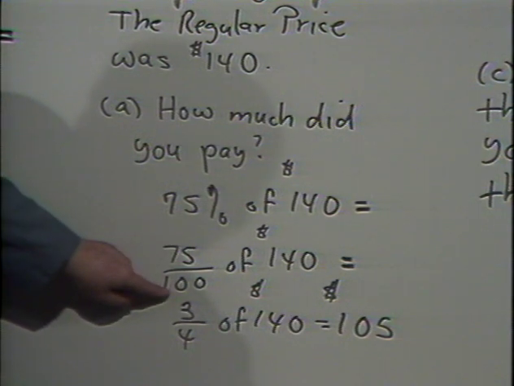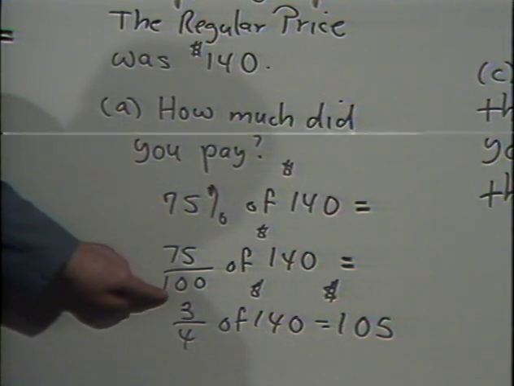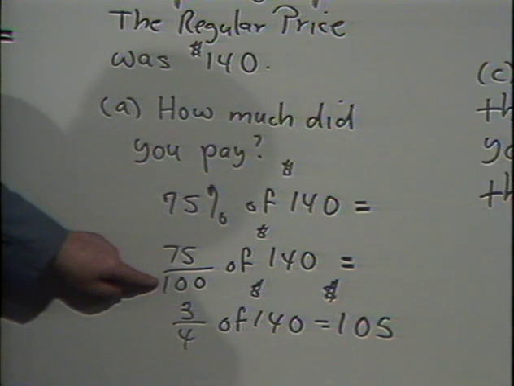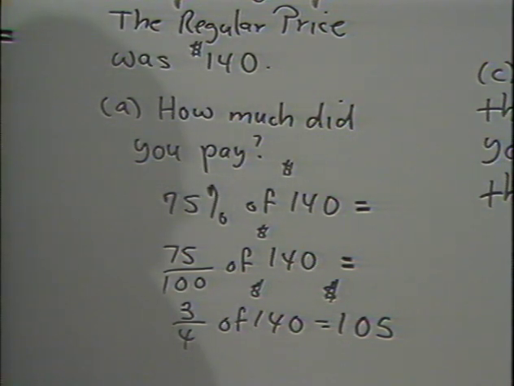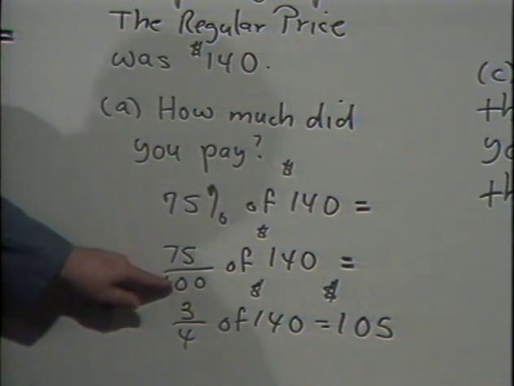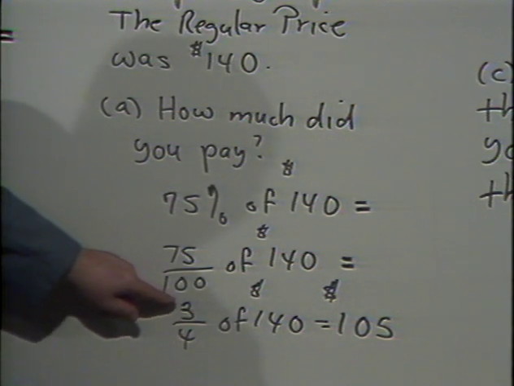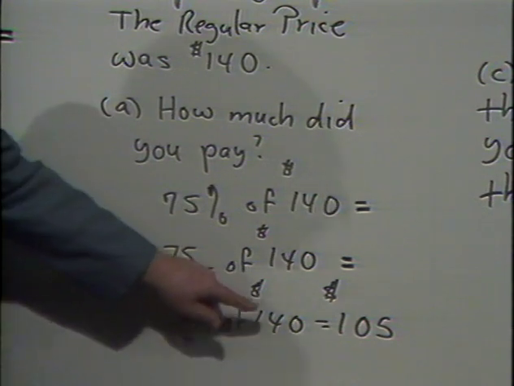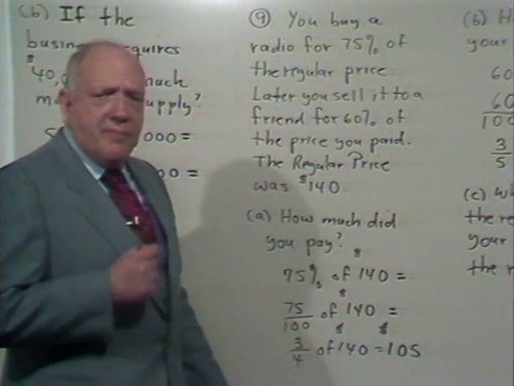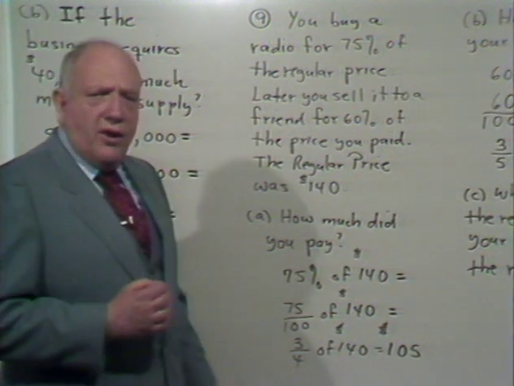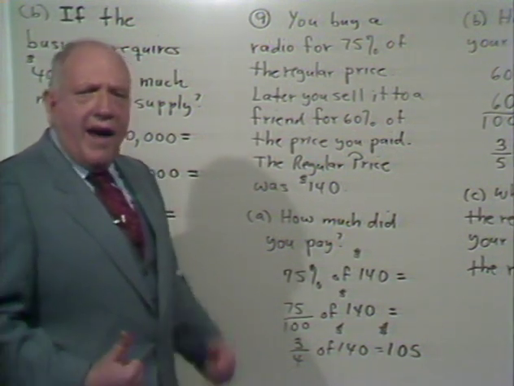75% is 75 over 100. Reduced to lowest terms, dividing numerator and denominator by 25, that comes out to be 3/4. In other words, 75 out of 100 is the same rate as 3 out of 4. So in other words, I'm only going to pay for 3/4 of the $140. Do you see what that says? See, 75% basically says for every $4, you save 1 and pay 3.